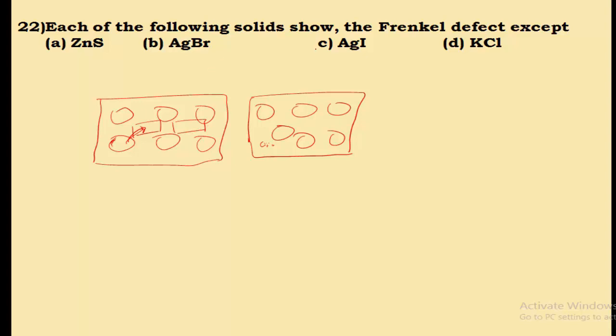So among these four options, ZnS is an example of Frenkel defect. AgBr and AgI will also show the Frenkel defect. But KCl is an example for Schottky defect but not Frenkel defect. KCl and NaCl show Schottky defect but not Frenkel defect. Hence, KCl is not an example of Frenkel defect. So option D is the right one.